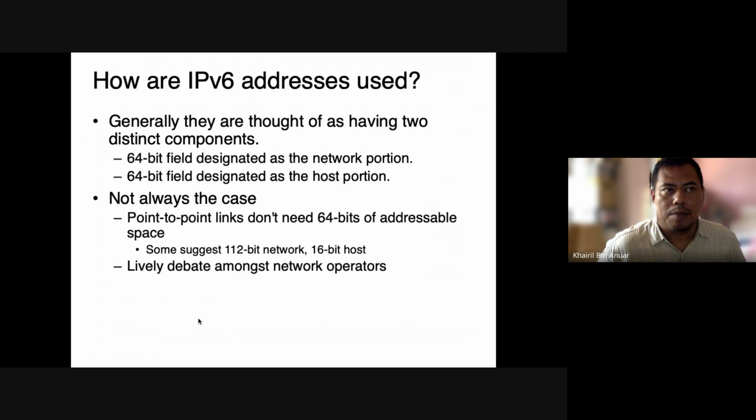Then you have class B, where 2 octets represent the network and 2 octets represent the host. And then you have class C, where the first 3 octets represent the network and 1 octet represents the host.